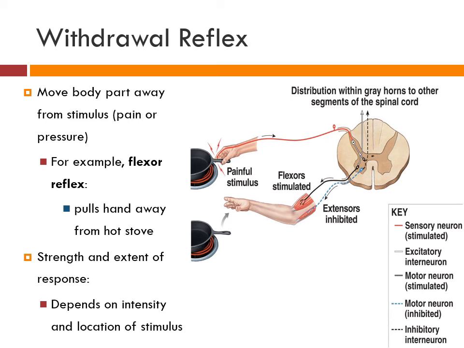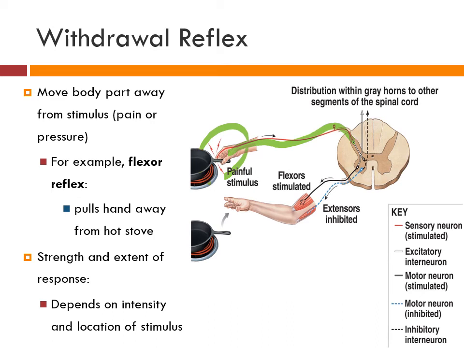So we'll go over this again: here you've grabbed onto this hot pan, and it stimulates your sensory nerve through the dorsal root ganglion to the posterior horn of the spinal column. And there it synapses on an interneuron, and that's what makes this polysynaptic. In the monosynaptic reflex, that sensory neuron went all the way to the ventral horn and synapsed directly onto the gamma motor neuron.